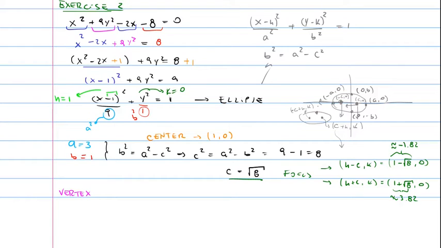Now, this point would be the h, b plus k. This one would be the h, minus b plus k. This one would be minus a plus h, k, and this one a plus h, k. And so we have all those vertex points.